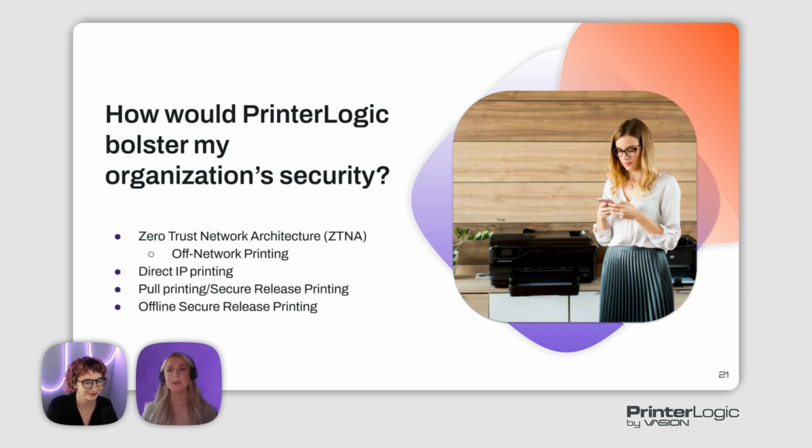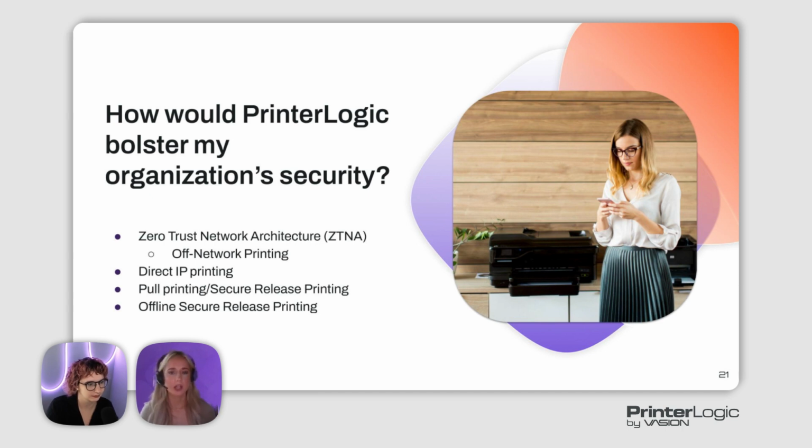Not only can we utilize a direct IP environment, we can also implement a total zero trust environment. But if you're still worried about security, we can still implement pull secure release printing. This is super, super secure because your end users will not be able to release that print job unless they use one of the four different methods that we talked about before, actually at the physical printer itself.